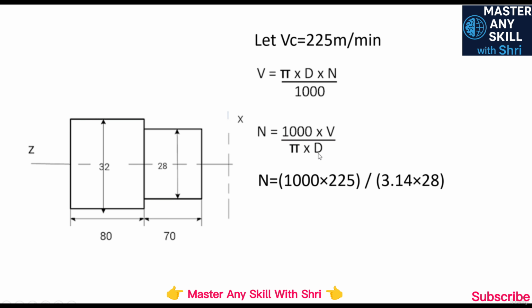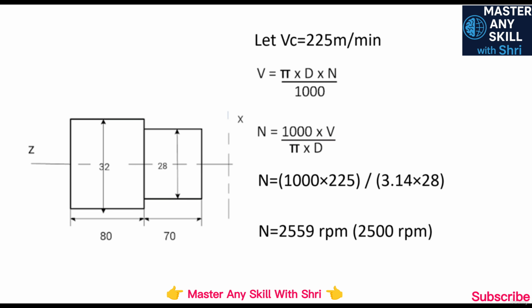Multiply by D. D is the smallest diameter of the workpiece, and here our smallest diameter is 28 mm, so we put this value in the formula. After that we do this calculation, and we get 2559 RPM. So we will take approximately 2500 RPM. This is our maximum spindle speed.